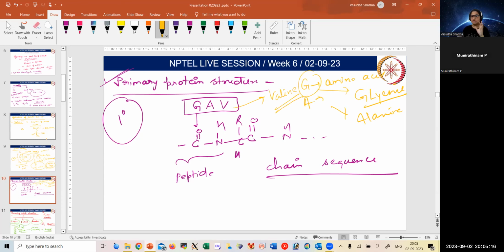To make our job very easy, they have been given one-letter codes. If you are writing a one-letter code, that is your sequence. Then you should know which molecule is actually getting attached to it. Say, for example, if I take glycine, the glycine molecule would have H here, H on this side, and C double bond O here, and this has your NH2.